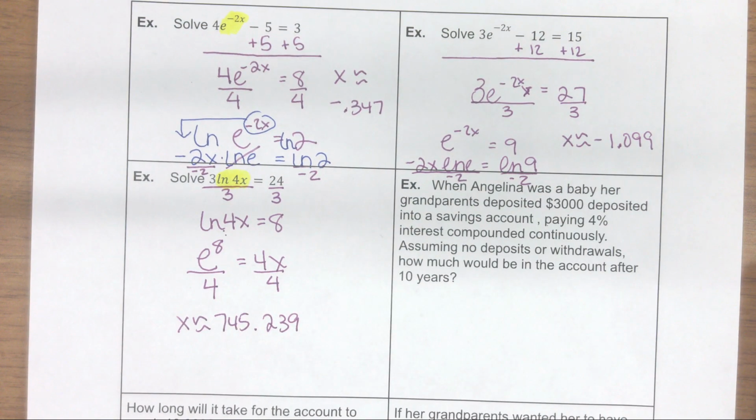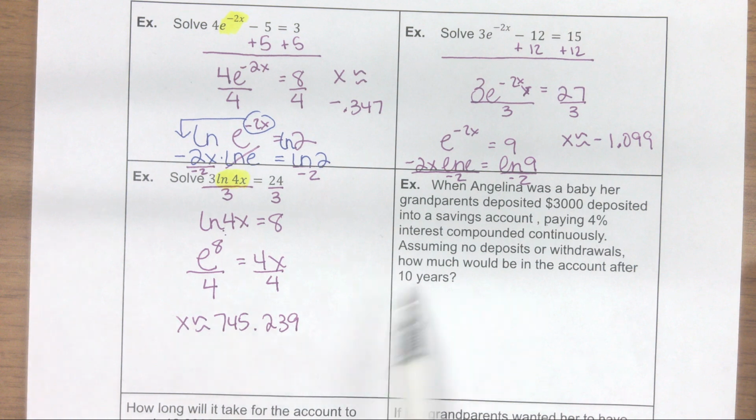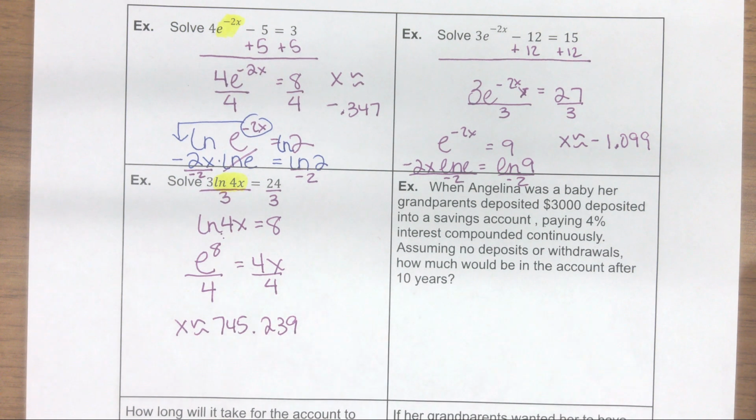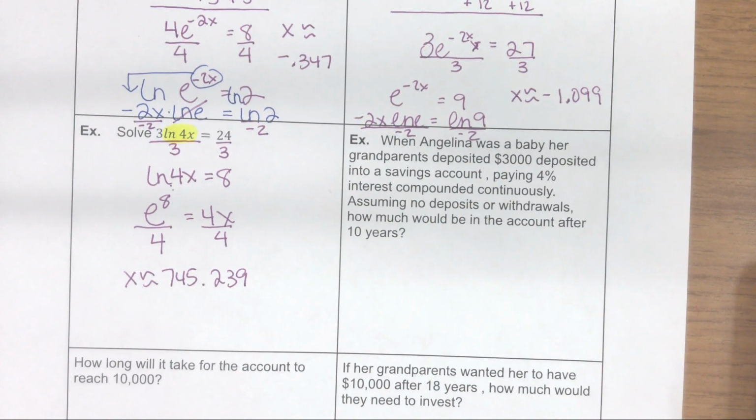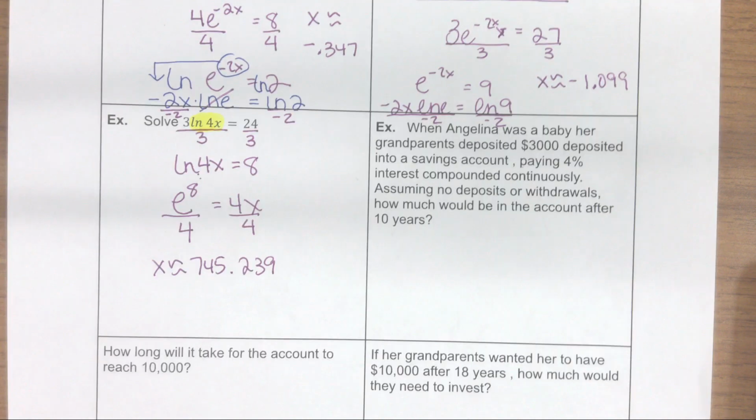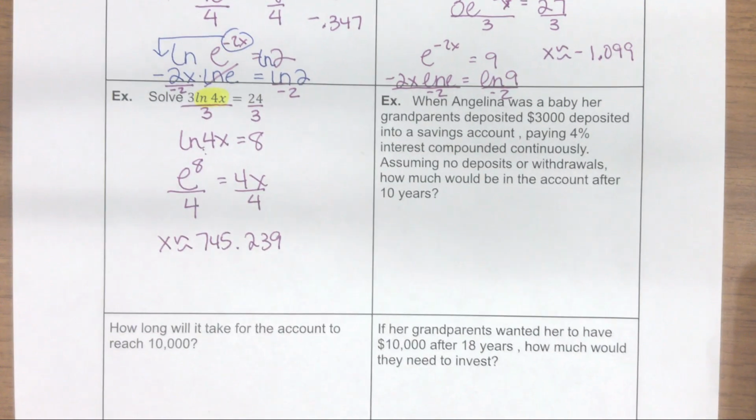And the last problem we're going to do, I know it's in 3 boxes, has to do with an interest formula. And you will never have to memorize the interest formula. It would be provided for you, okay? In Algebra 1, I know it was a long time ago, you did see it.